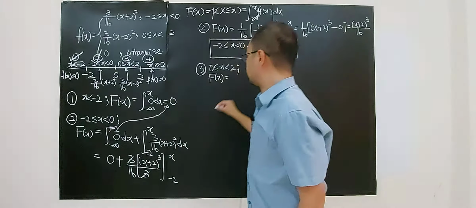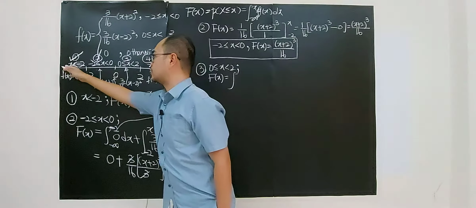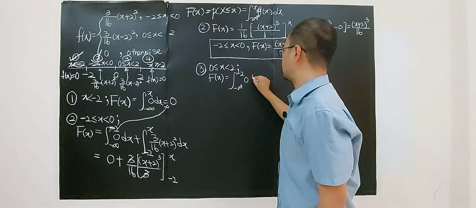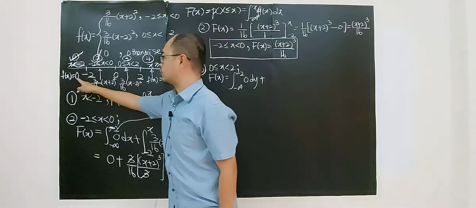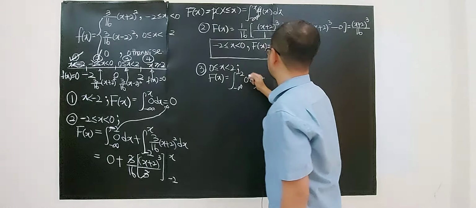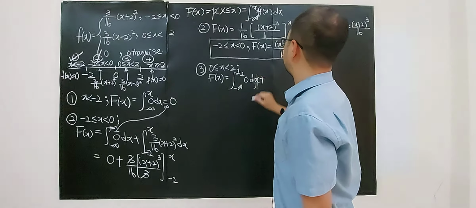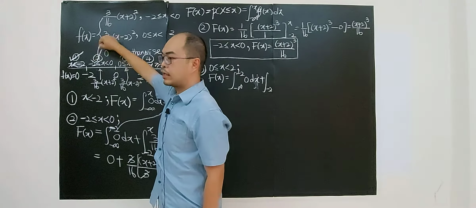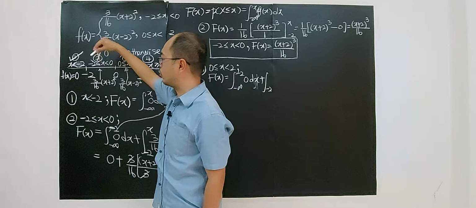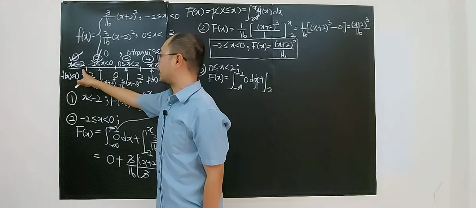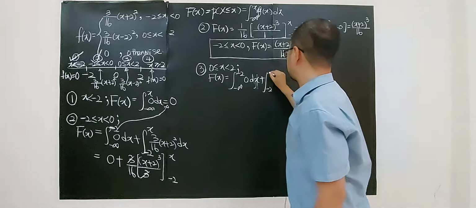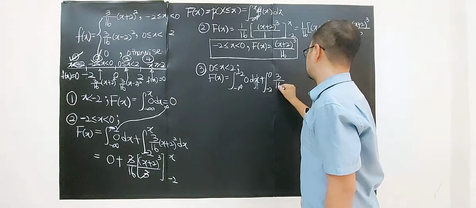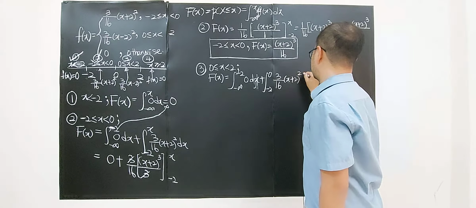So what I want to tell you is, you can integrate the first interval, negative infinity up to negative 2, 0 dx, because the f(x) is 0 now, and plus, from negative 2, now I have already put a tick, because it's already done. I go for the third interval already, so I can integrate from negative 2 up to 0, during this time is 3 over 16, x plus 2 to the power of 2 dx.